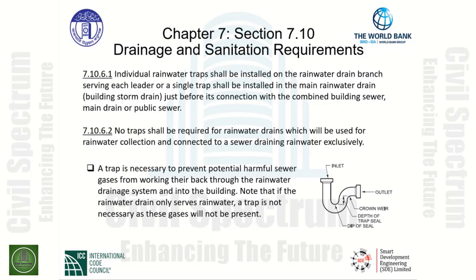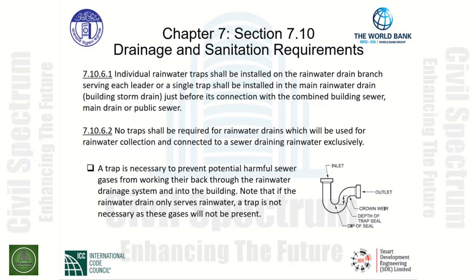The first section, 6.1, indicated where we have a connection with a combined building sewer, main drain, or public sewer is where we need the trap. In this case, we need a water seal to prevent any harmful sewer gases from migrating back into the building. That is where we need a trap. A trap is necessary to prevent potential harmful sewer gases from working their way back through the rainwater drainage system into the building.